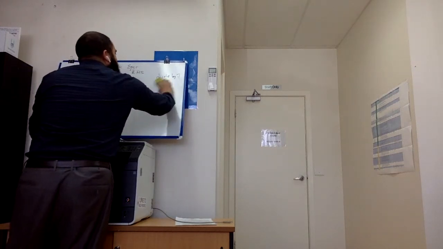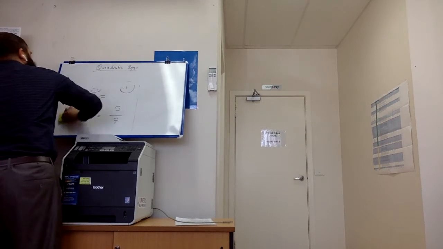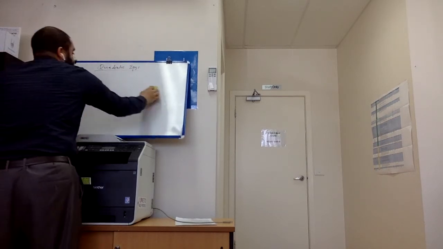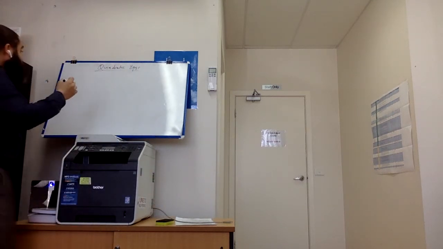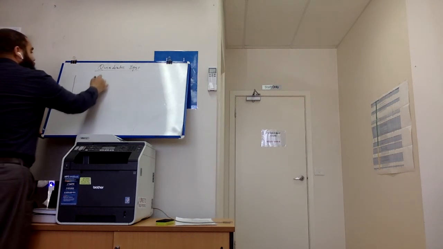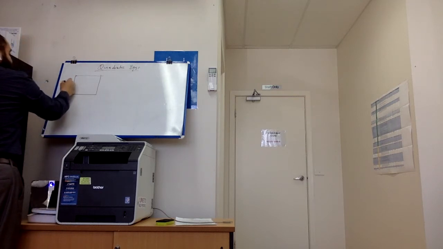Let us now revise also some basic concepts about the shapes and the areas, because we'll be using this in our lesson today. So what about the square? Let us revise together. The square has sides, and all sides are equal. Let us say that this side is called x.